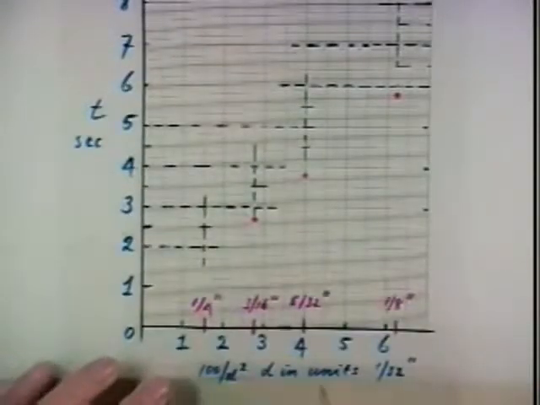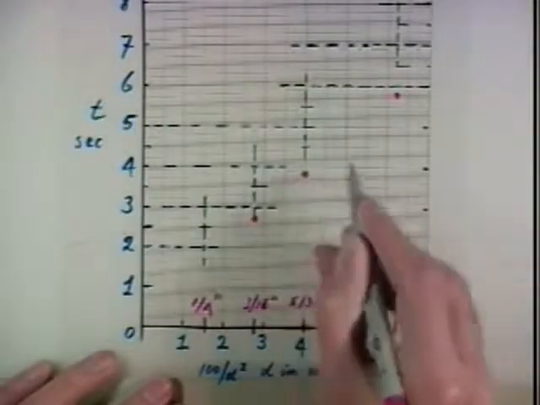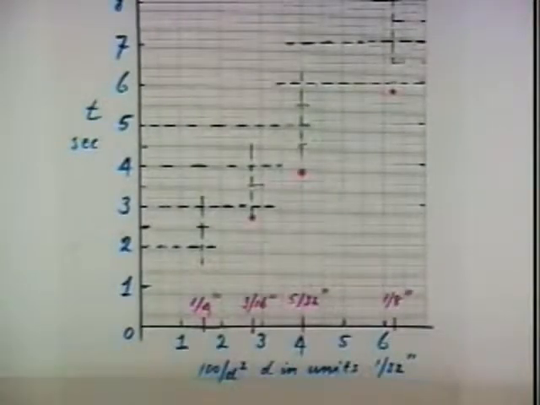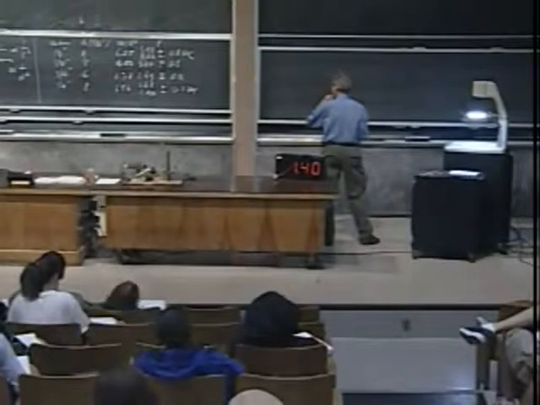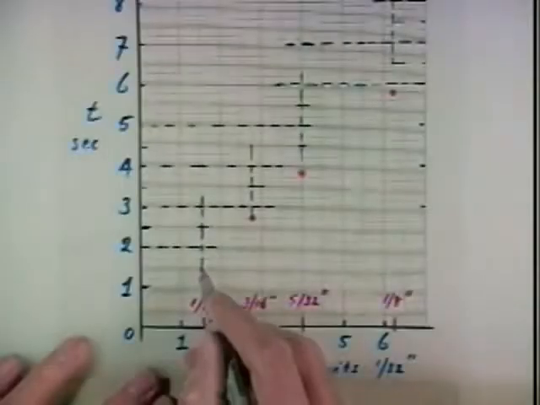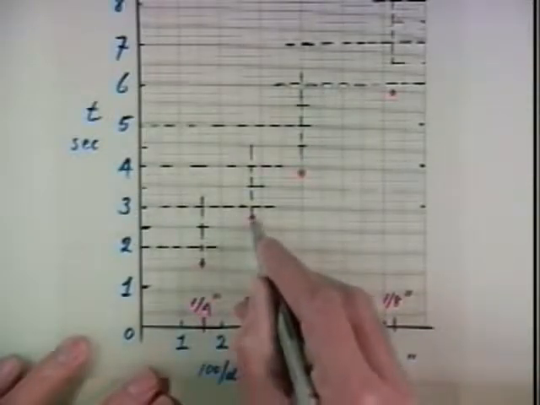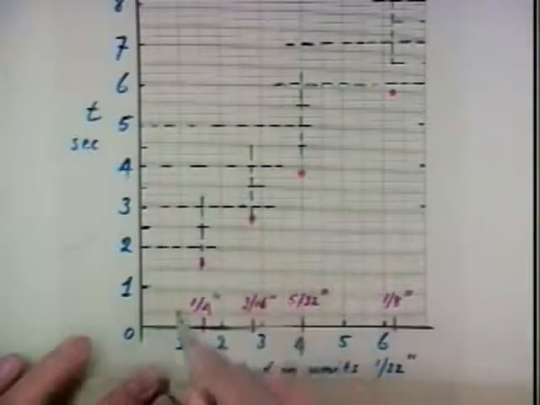I can hardly put in the error of the timing because it is not much larger than the size of my dot. And now we have the last one. Let's take the average, 1.55, with an error of about 0.2 of a second, and this has an error of about 0.2 of a second.